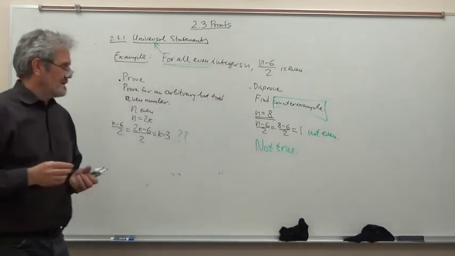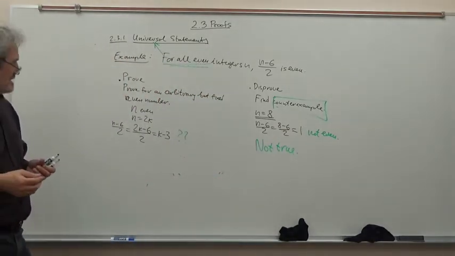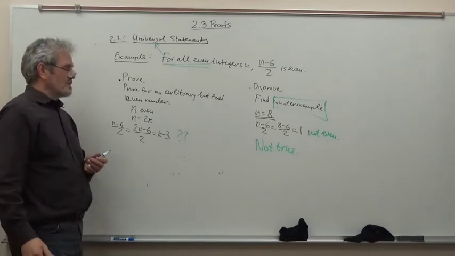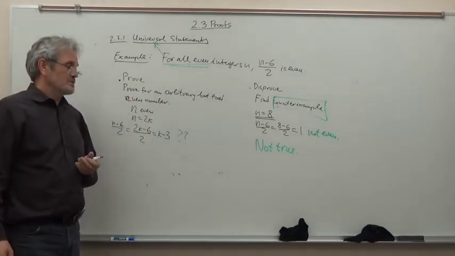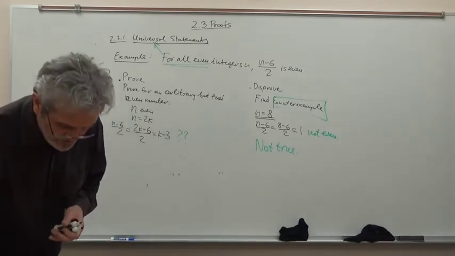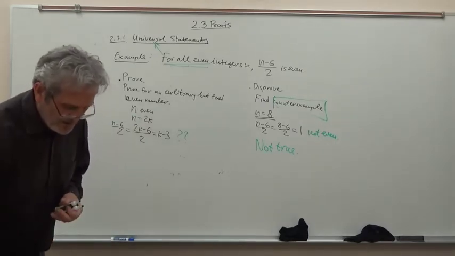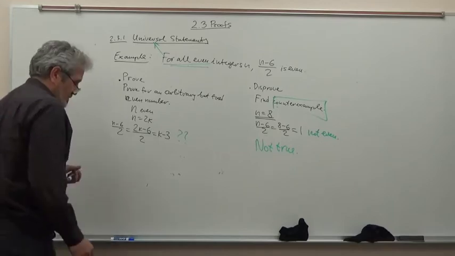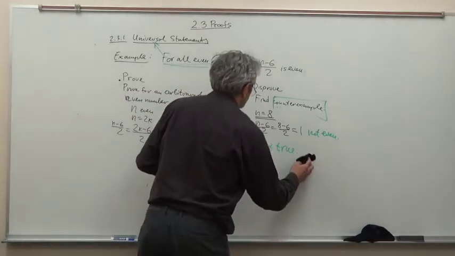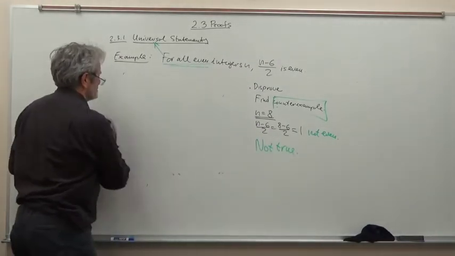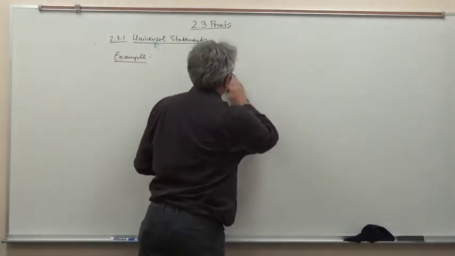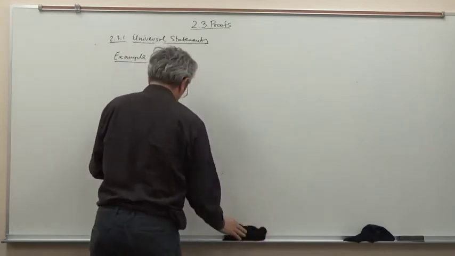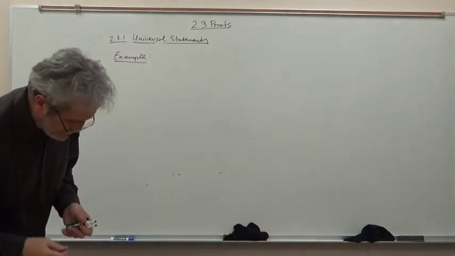So generally, once again, you either need to prove it for an arbitrary number, and we'll do a couple of those where that works. Here we actually showed it with a counterexample. Here's another example, again, for a universal statement. Example 2.3.7.